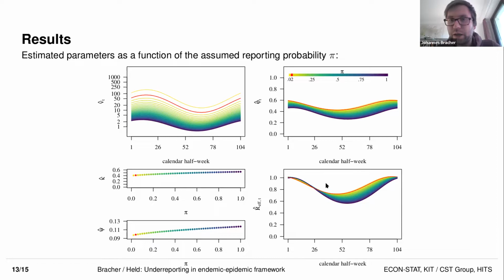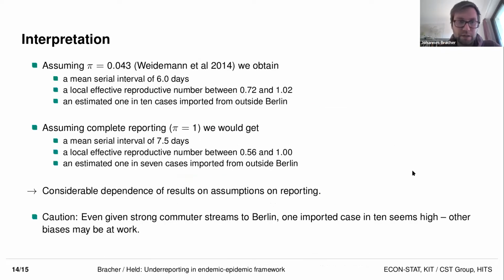And if we assume a low reporting probability, as the literature indicates, we get much higher estimates. So summarizing this, if we assume the value from the literature, we get a mean serial interval of 6 days, and the local effective reproductive number is between 0.72 and 1.02, which then, together with some imports of cases, leads to the stable seasonal pattern.